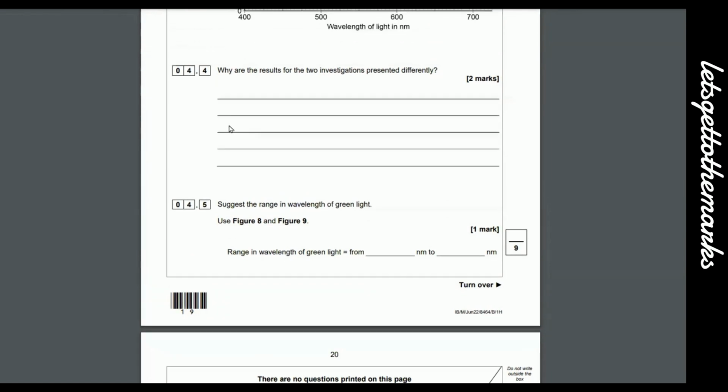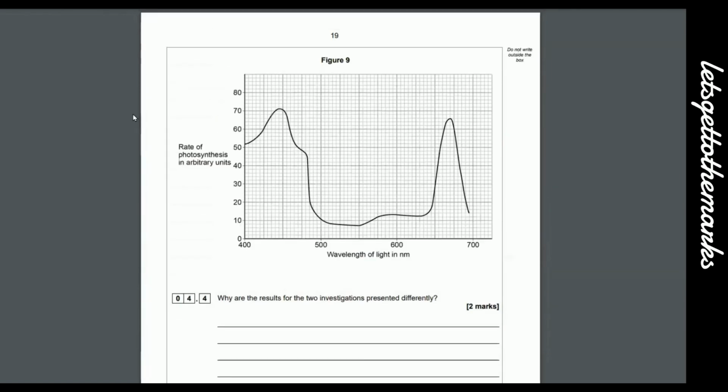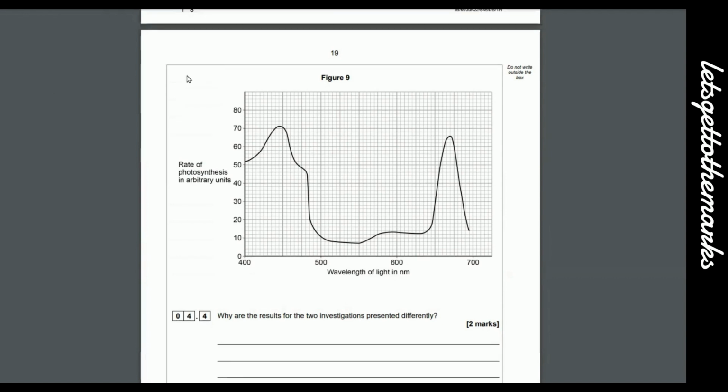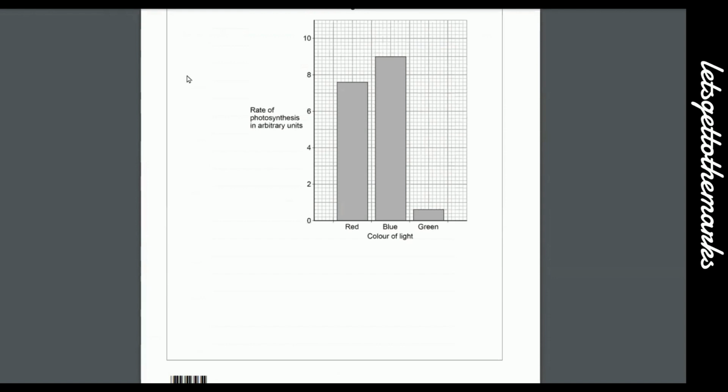But let's just double check because I'm not being very accurate there. I'm going to take my time and just double check this. So let's have a little look, folks. What did we say? It was about 0.5. What was the arbitrary units in photosynthesis up here? So yeah, okay.